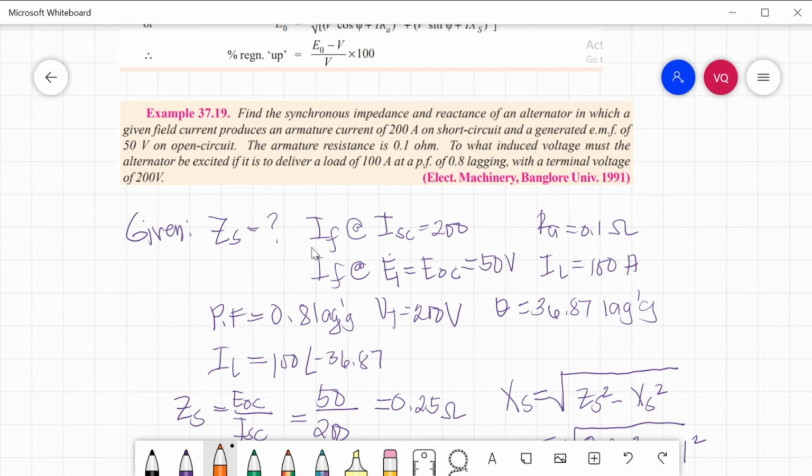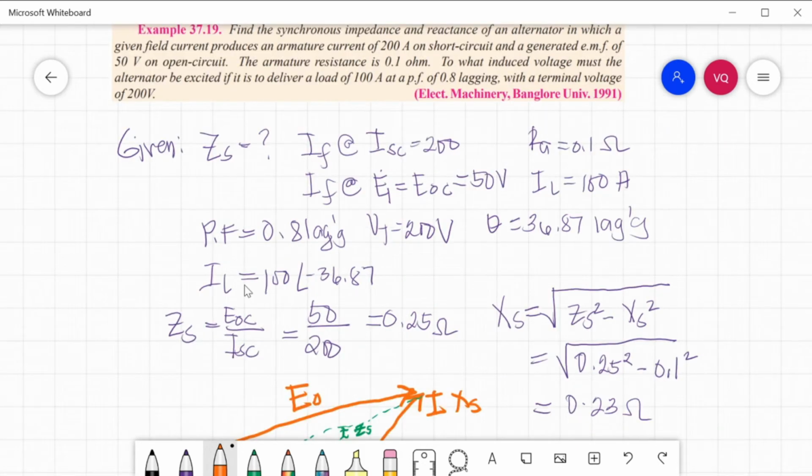The open circuit voltage, EOC or the E1, is 50 volts. And our power angle, theta, is 36.87 lagging. Therefore, we have a load current of 100, the magnitude, and its direction is the power factor angle, which is negative 36.87, negative because it is a lagging power factor.